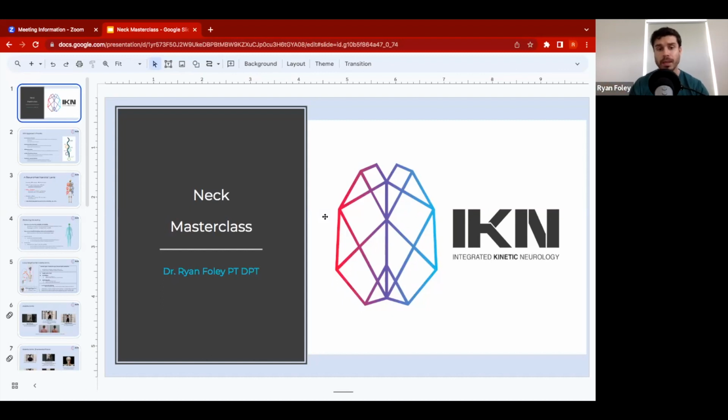But one of the key things we need to consider is the arrangement of segmental interactions when we're applying stress to the system, because one of the key components of our system and our approach as a whole is restoring variability. When we're trying to restore variability to the cervical spine, we need to consider how the vertebral segments interact with each other.